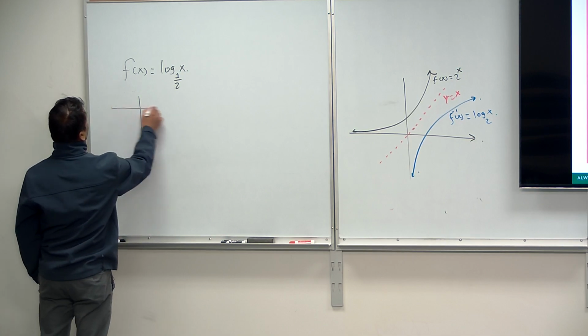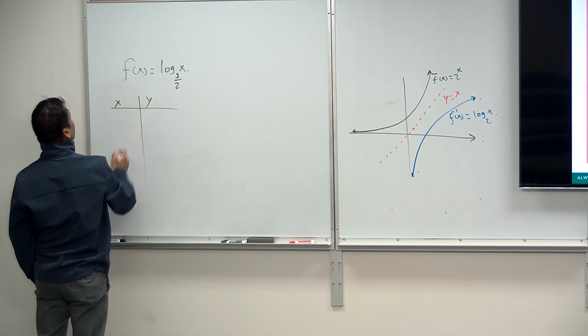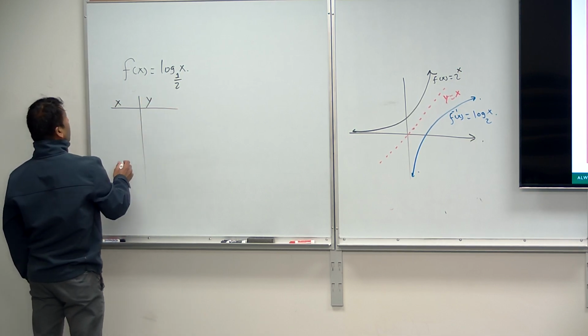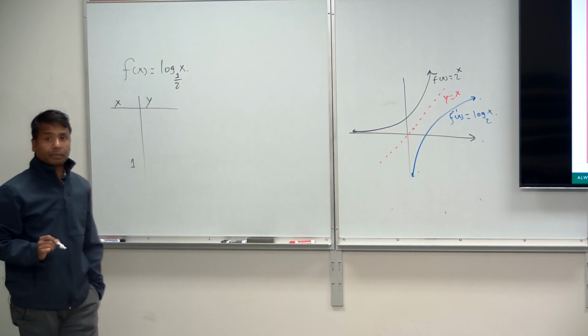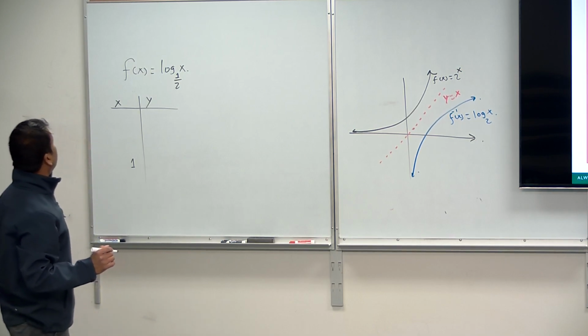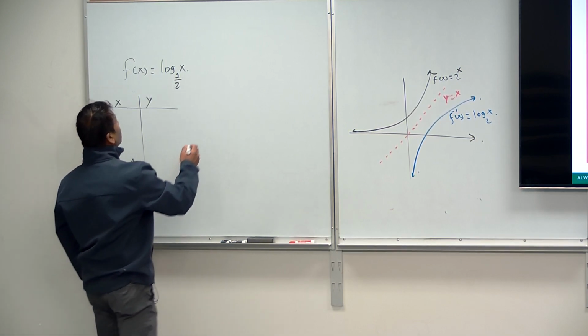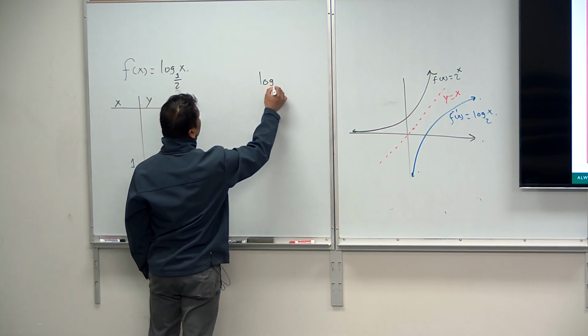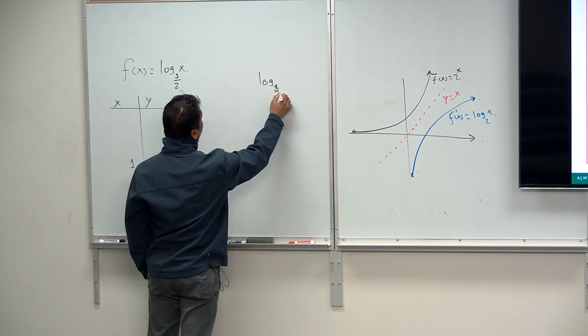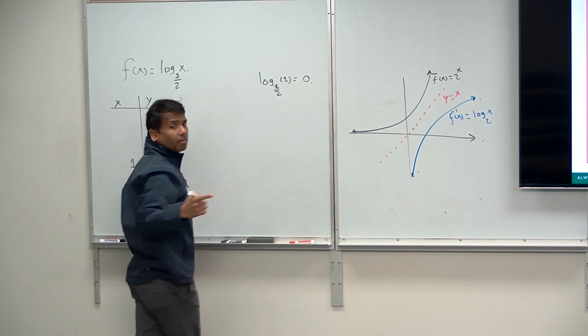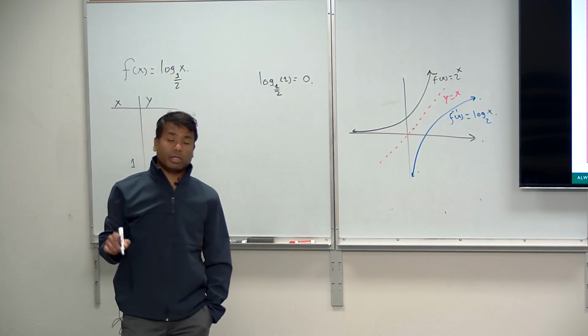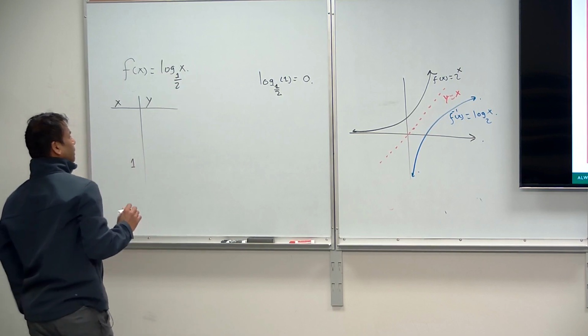So you make a table here for x and y. If I plug in x equal to 1, what is the value of log base 1/2 of 1? Logarithm of 1 is always 0.